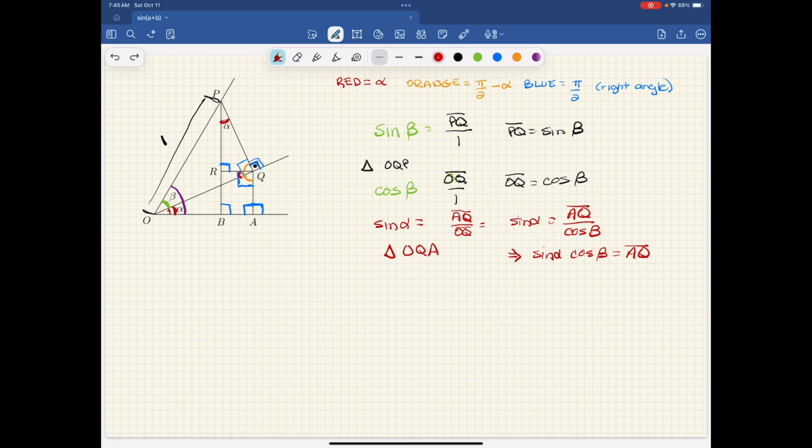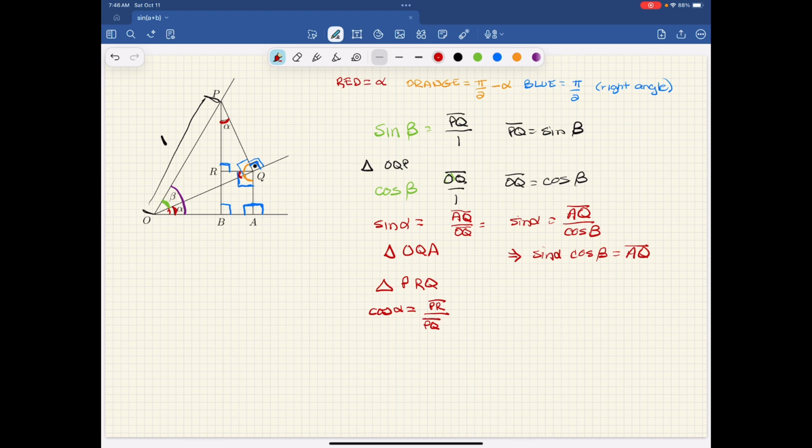Now we're going to look at the cosine of alpha, and we're going to look in that triangle that's at the top, that triangle PRQ. And we note that cosine alpha is going to be the adjacent side in that triangle, which is the length of the line segment PR, divided by the hypotenuse in that triangle, which is the length of this line segment PQ.